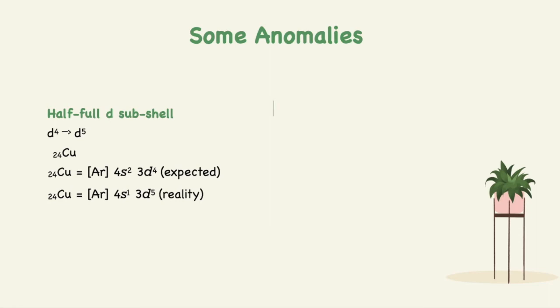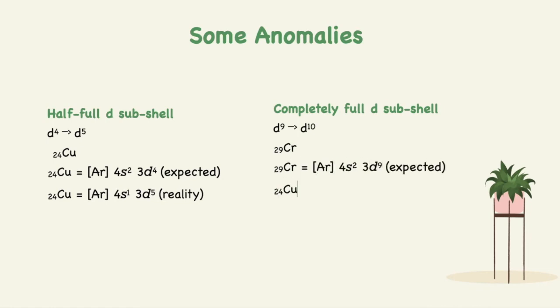The second anomaly is the completely full d subshell. If you find d9, you should make it into d10. For example, we have copper with 29 electrons.